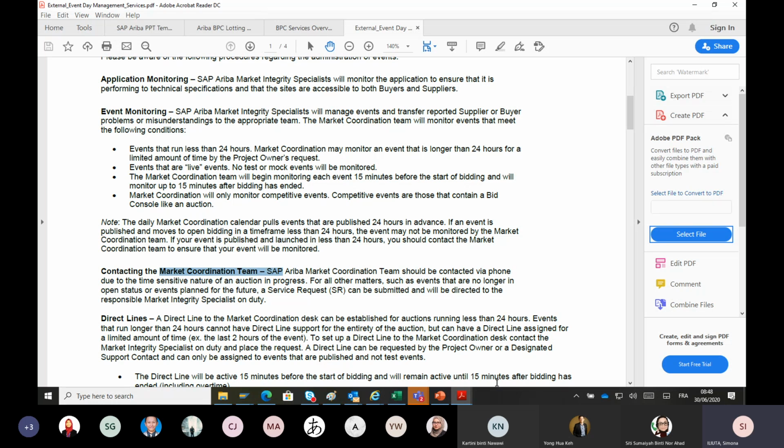For all the other matters, such as events that are no longer in open status, or for events planned for the future, please raise a service request that can be submitted and will be directed to the responsible market integration specialist. I recommend you to run this 72 hours before. So 3 days, guys.